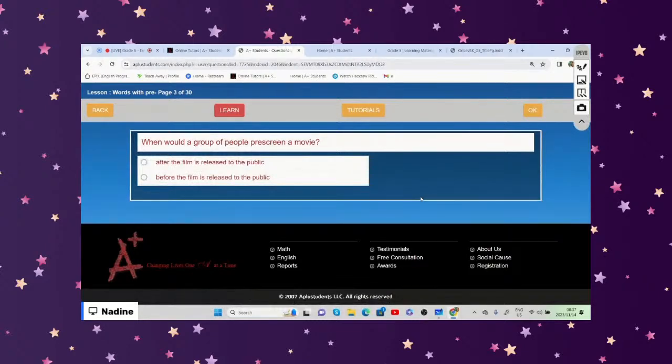And when would a group of people pre-screen a movie? Is it after the film was released to the public?